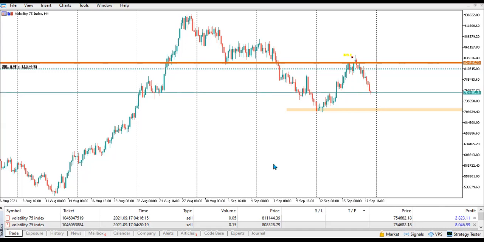But when you sell and price reverses back on you and goes up, it means the liquidity provider is profiting. Because everyone in here is trading. When you buy, the liquidity provider is actually selling to you. When you sell, the liquidity provider or the market maker is actually buying from you.